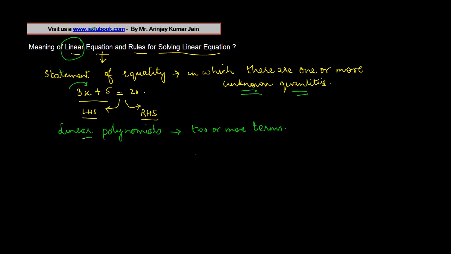So a linear polynomial is going to be something like this. Let's say, for example, 3x plus 5, right? 2x minus 3 is equal to 20. It could be in the form of fractions also. Let's say 2 upon 3 x plus 7 is equal to 12, right? So all these are linear polynomials.